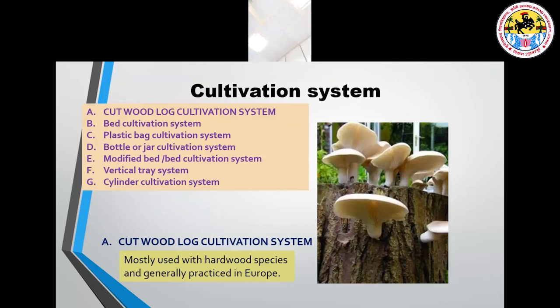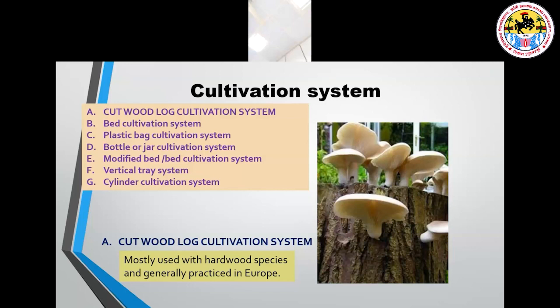So worldwide, there are 6 or 7 different cultivation systems for growing oyster mushroom. Before going into detail on the cultivation systems of oyster mushroom, I would like to say something about cultivation. This is a mushroom that can grow very easily and prefers all kinds of agricultural, forest and industrial waste substrates.